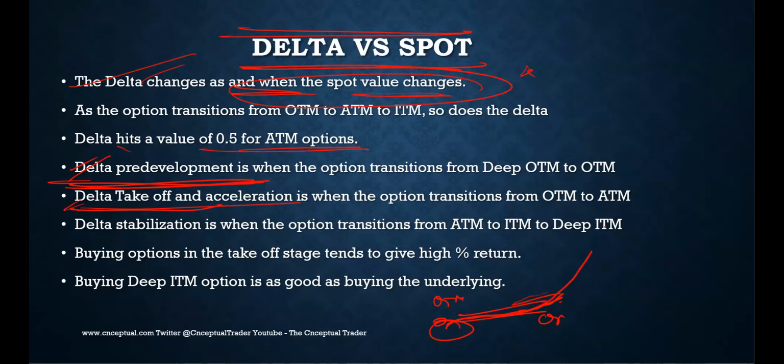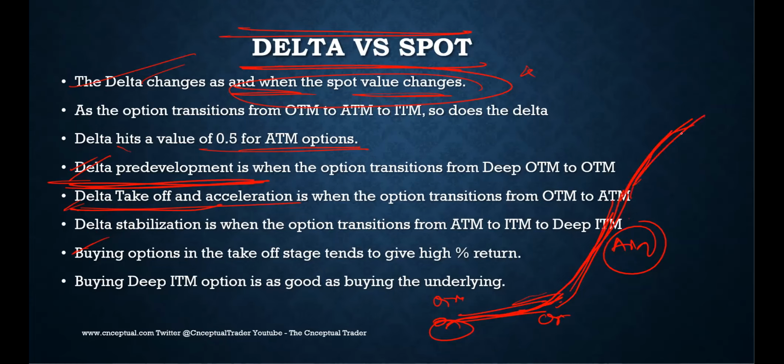That means the delta when the option changes from OTM to ATM. At that time the option increases exponentially in its value. So that is called delta takeoff and acceleration. Delta stabilization: what is delta stabilization? Delta stabilization is when the option transitions from ATM to in the money or deep in the money.